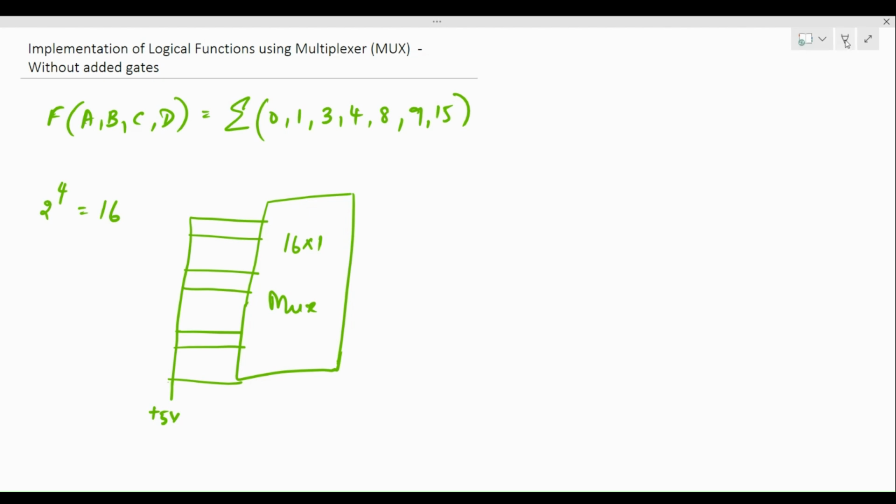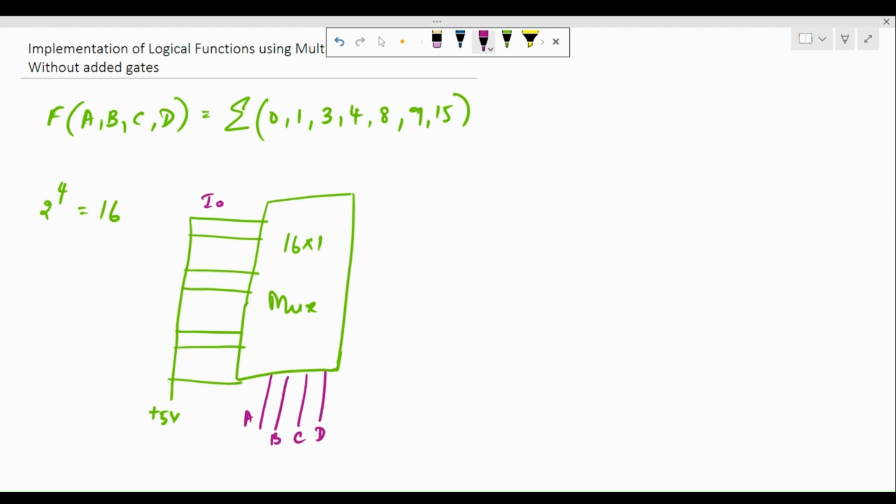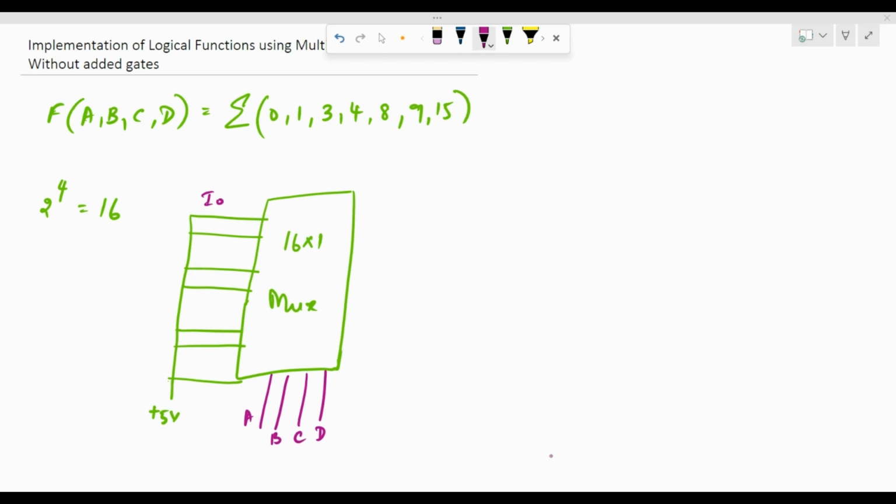Why am I doing that? Because my intention is to ensure that when A, B, C and D inputs are connected as select lines, and when the combination of ABCD is such that it chooses I0 as the input to come out in the output, then the value of this function should be high.